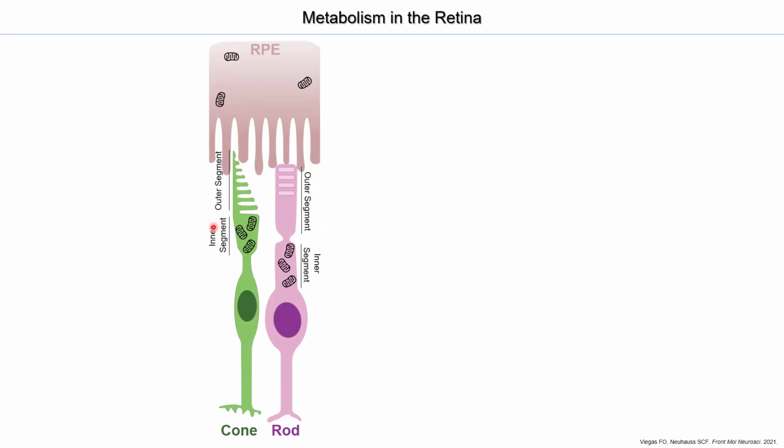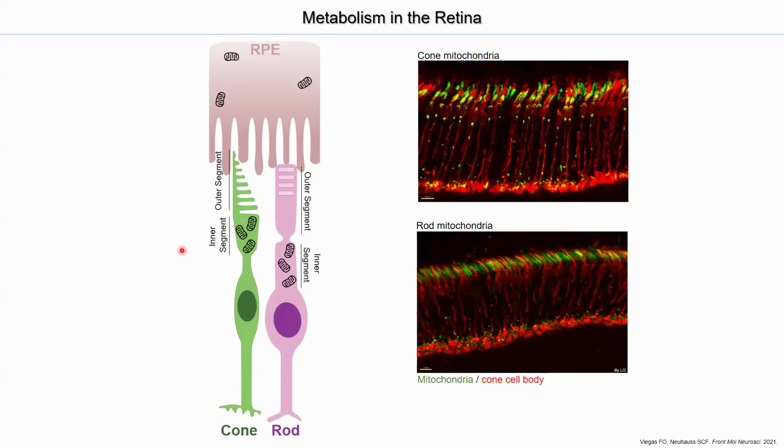When we look at the mitochondria, we know that in the photoreceptors they are mostly located in the inner segment. This we were able to confirm in our reporter mouse models, where we could see very nicely that the cone mitochondria are in the inner segment, and these elongated mitochondria follow the cell body of the cone. Then we have punctated mitochondria at the bottom in the synapses.